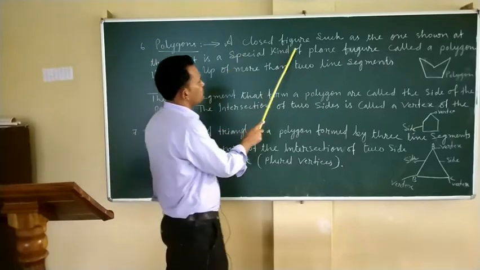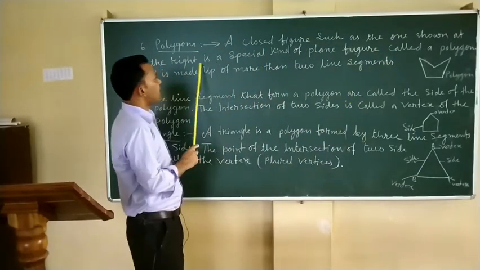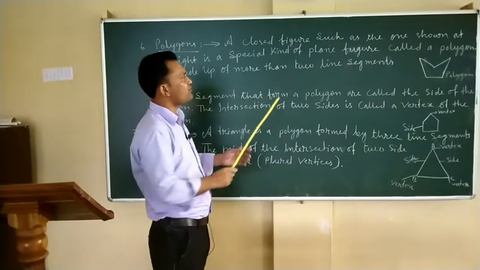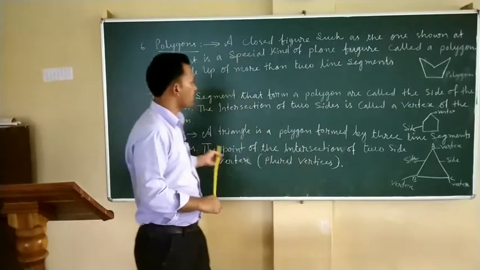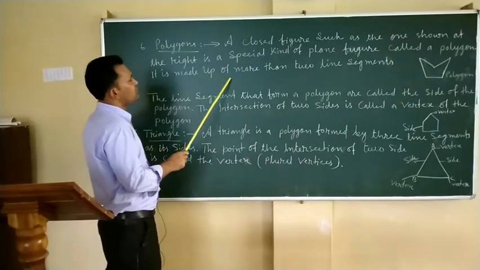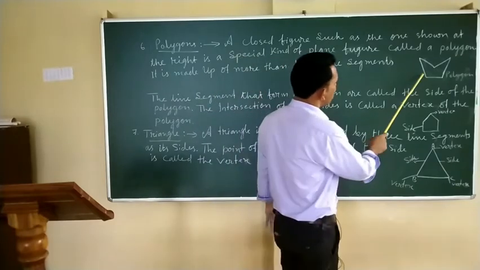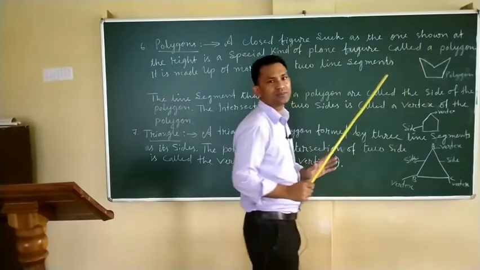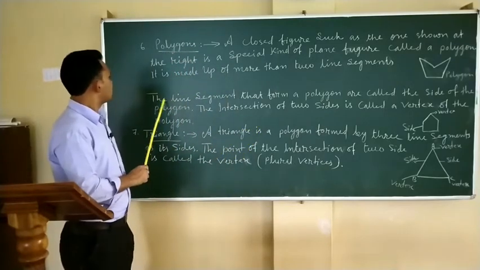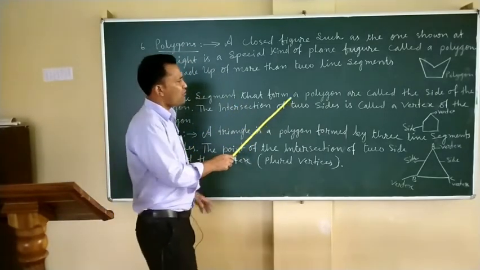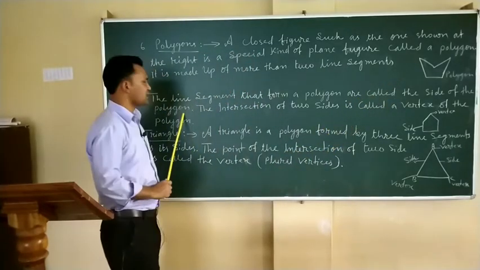A closed figure such as the one shown at the right is a special kind of plane figure called a polygon. It is made up of more than 2 line segments. Okay, so the line segments that form a polygon are called the sides of the polygon.